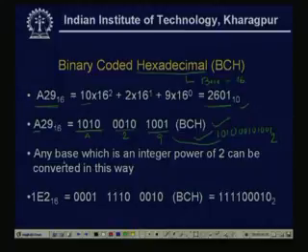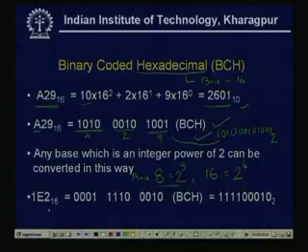So, any base which is an integer power of 2, say 8 means 2 to the power 3, that means octal, or 16 for hexadecimal, which is the fourth power of 2, can be converted in this way. This is a very simple way, but the only restriction is that the radix or the base must be a power of integer 2.